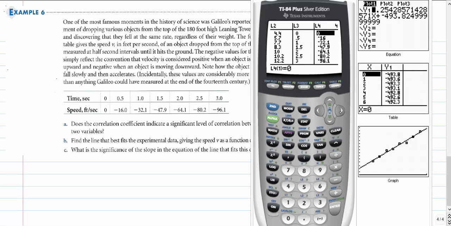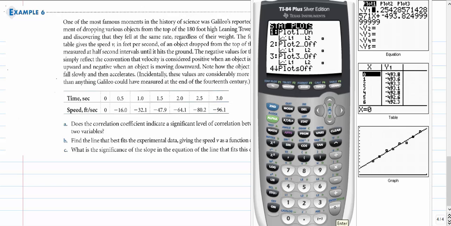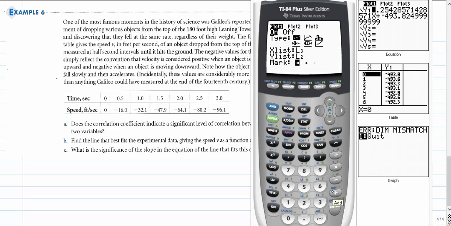And then first I'd like to go to second stat, enter, and enter, scroll down. Now I want my X list L3, which is second 3, enter, and I want L4. That will be second L4, enter.